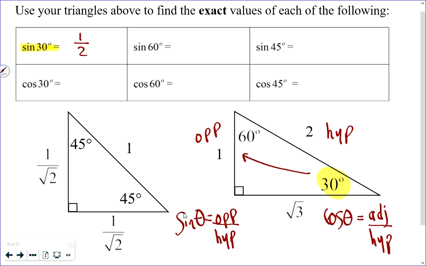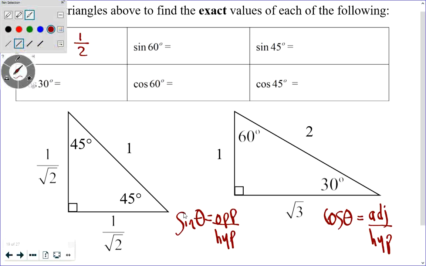Let's do now cosine of 60 degrees. So I'm done with looking at the 30 degrees. Let's do cosine of 60. So we're going to have to look at the 60-degree angle.